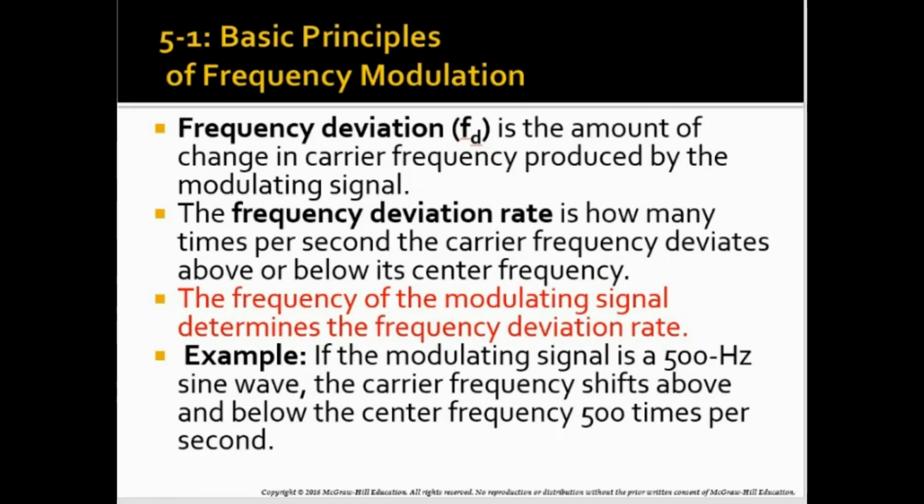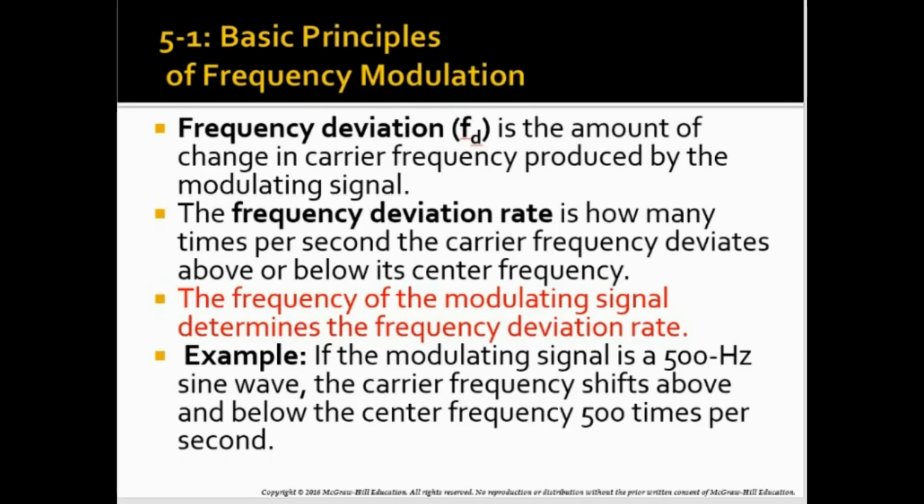We also have the frequency deviation rate. It means how many times per second the carrier frequency deviates above or below the center frequency. This frequency deviation rate, in fact, comes from the modulating signal.